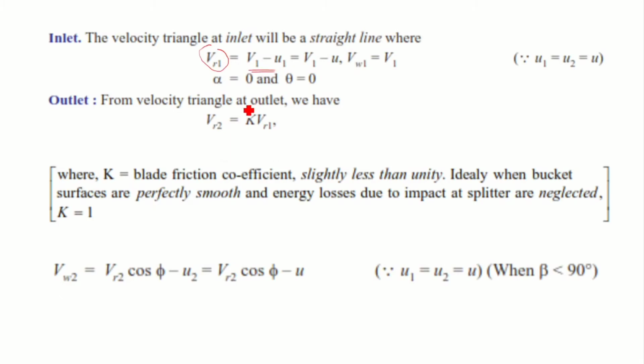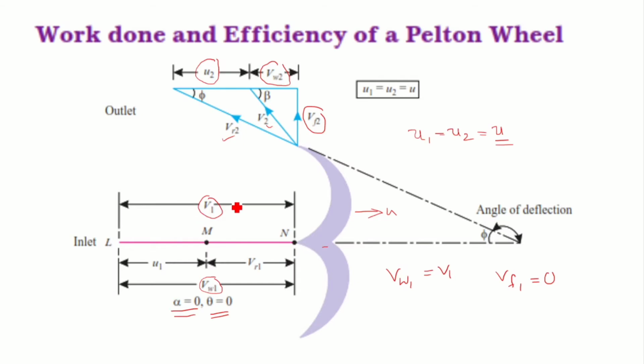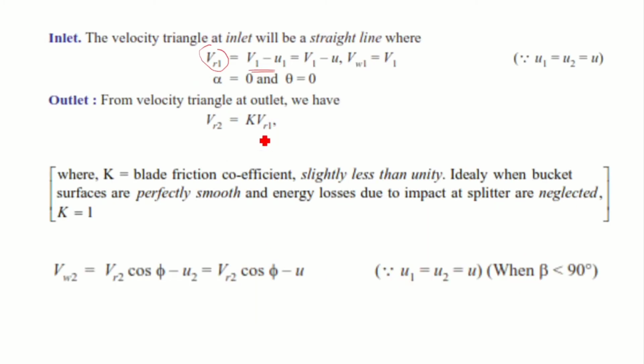V1 is this much length, that is Ln minus Lm, where Ln is equal to V1 and Lm is equal to u1. So V1 minus u1 gives the Vr1 term. We know that u1 and u2 are the same, so Vr1 is equal to V1 minus u. Also, we know that Vw1 is equal to V1.